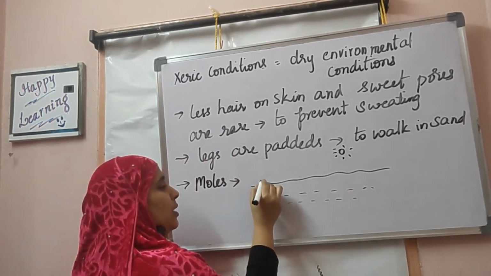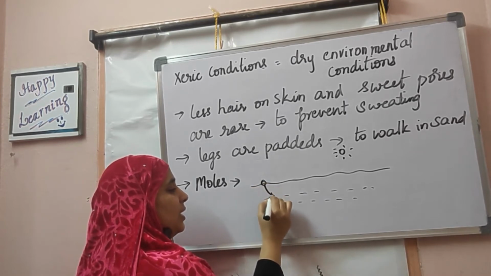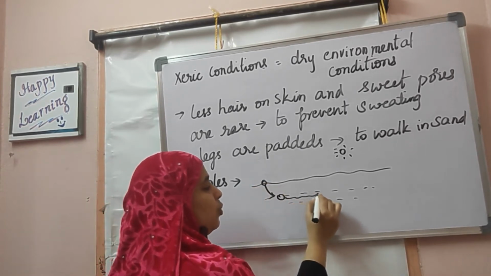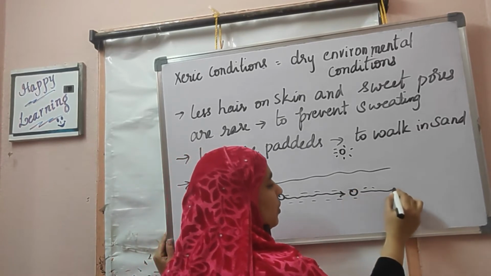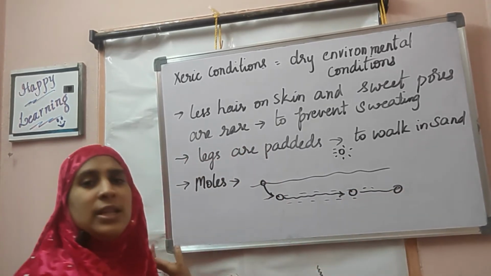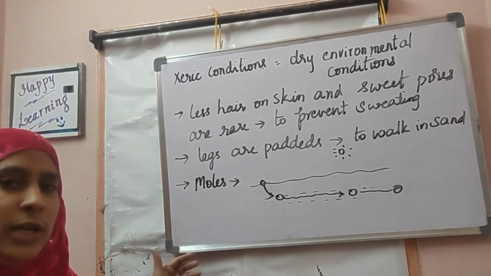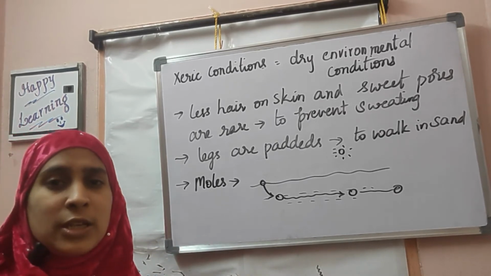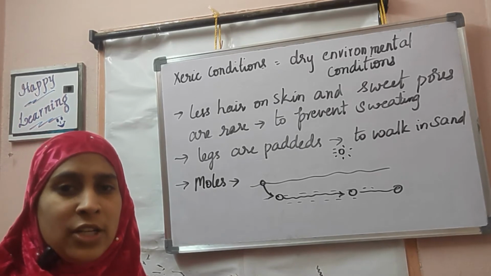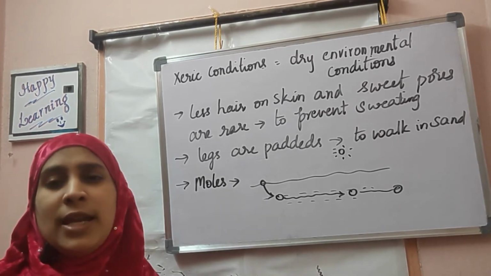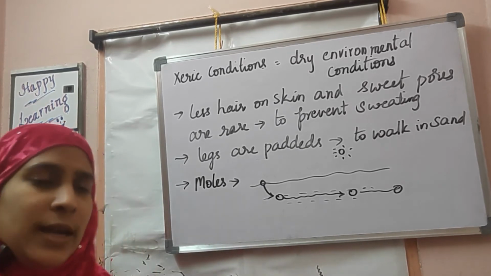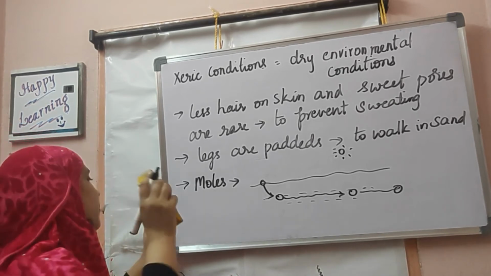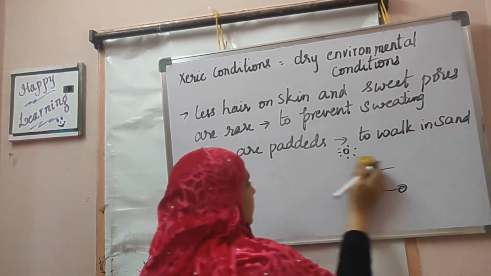So the mole goes inside the deep layers and moves only there. Only when there is a special need will it come out of the sand. It can keep itself moist and avoid dehydration by staying inside the sand. This is the adaptation seen in desert moles.